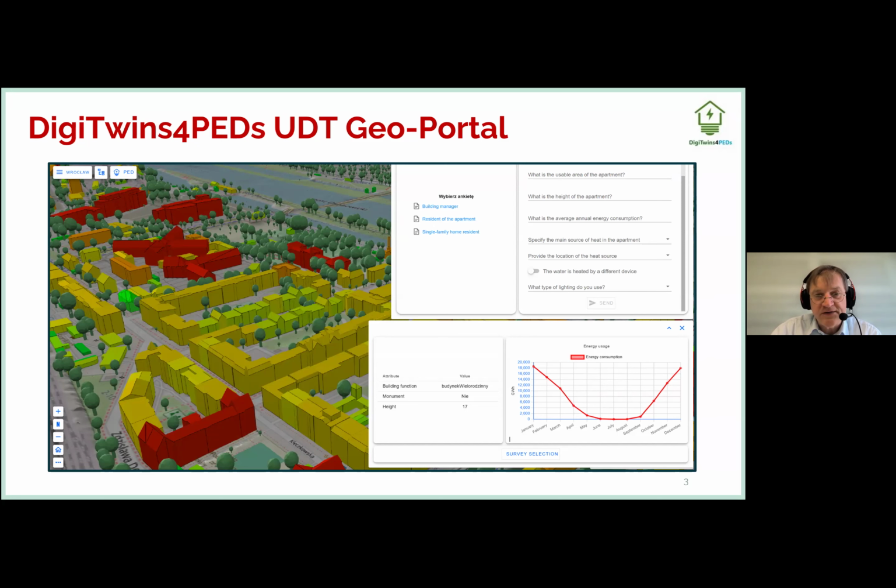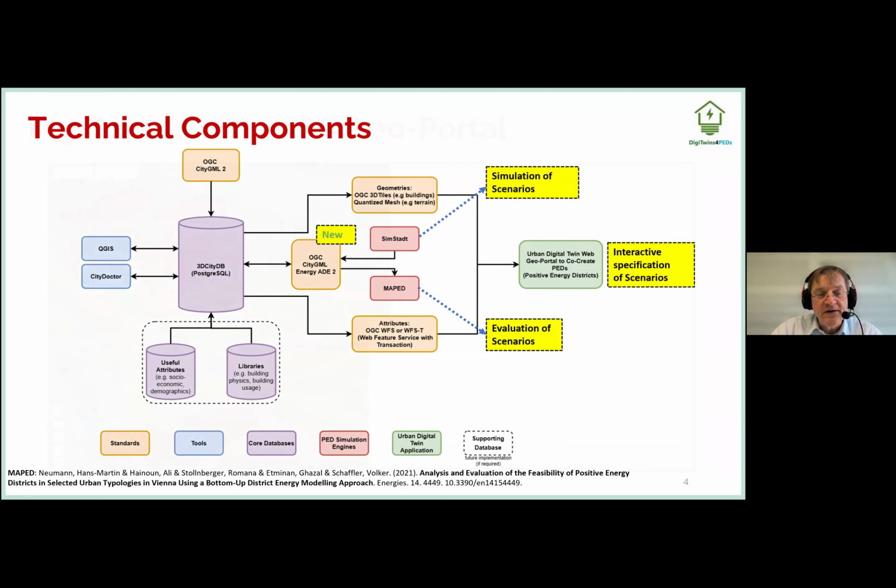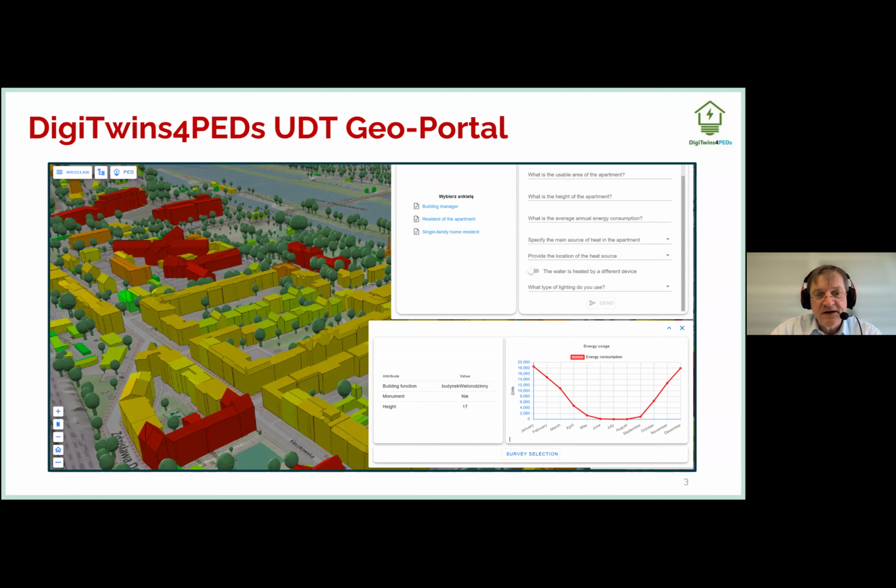That's the aim, and all is web-based. I have not mentioned it here, but I like the term digital twin viewer. That is, for us, a web browser.